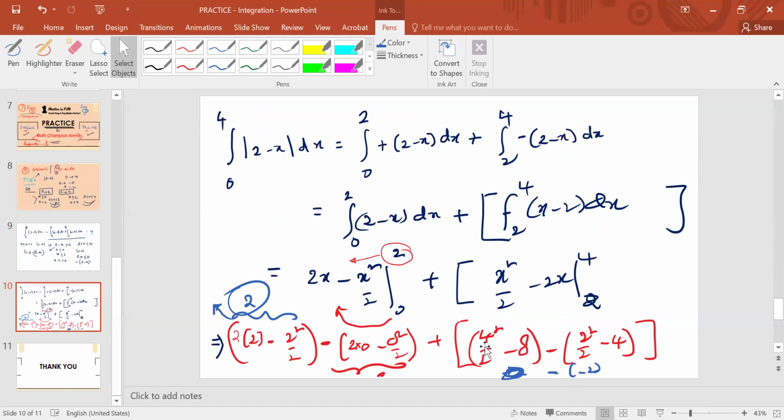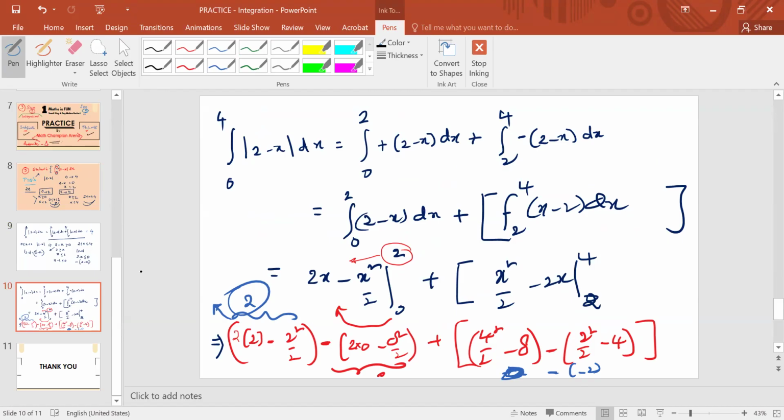So we should be very careful in evaluating this numerical part. 4 square, I wrongly kept it as 8. 16 by 8, 8 minus 8 is 0. And this is 4 by 2, and then the lower limit gives minus 2, minus of minus plus 2.